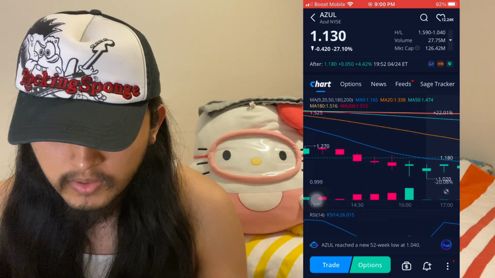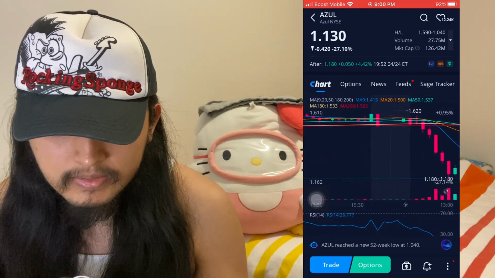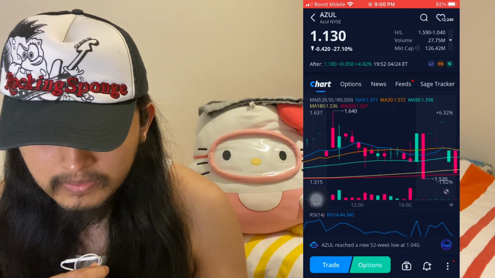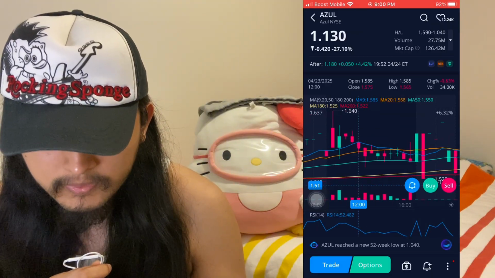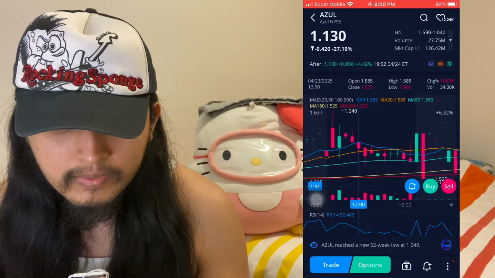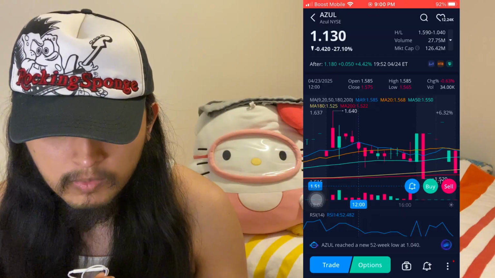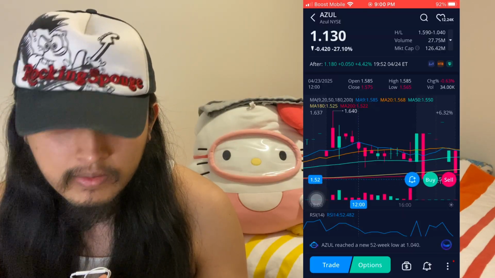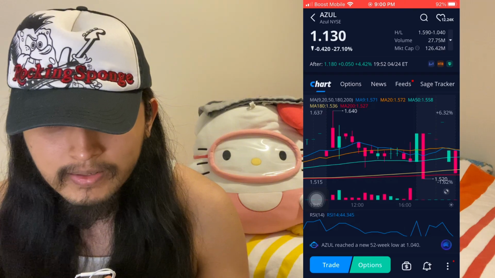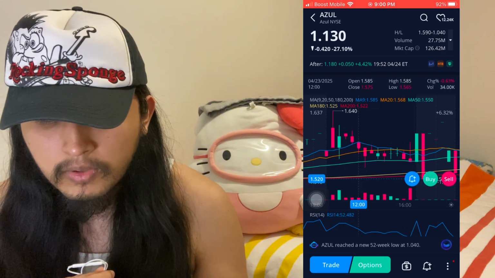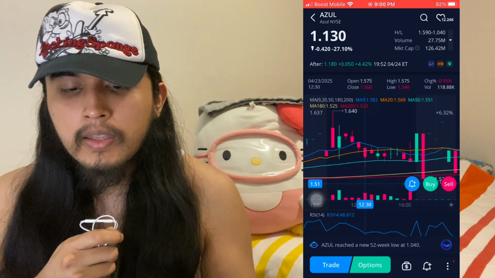looking at yesterday's chart, you can see that since the 12 candle on the 30-minute time chart, it went below the 9-day moving average. It tried going above it again, it failed. Then this candle right here, the 12:30 candle, tried breaking the 20-day moving average, it failed.